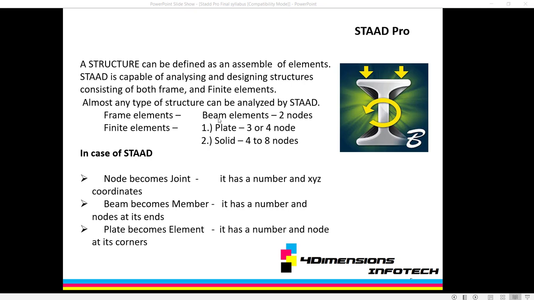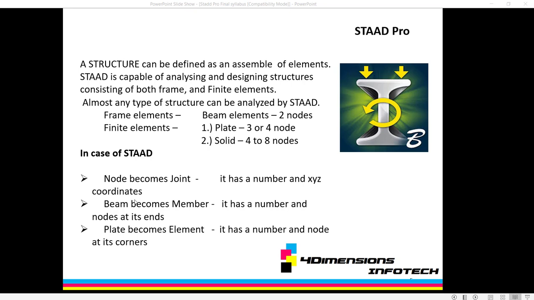Frame elements means beam elements and column elements, which are connected between 2 nodes. The finite elements are plate and solid, which are connected between 3 or 4 nodes, or 4 or 8 nodes. In Staad, we use words like node, beam and plate.